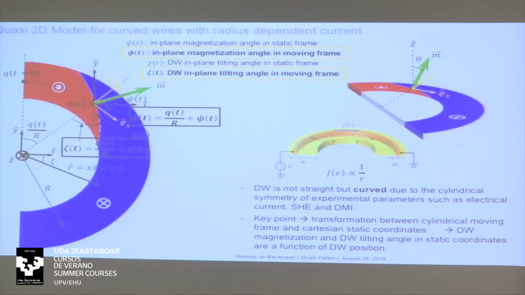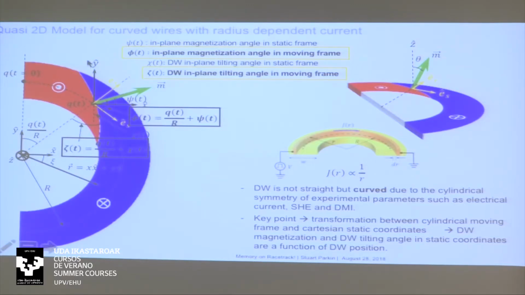And the only way to sustain the constant motion of a domain wall is that the domain wall itself converts from a straight domain wall into a wall with a very particular shape, such that the torque on the different parts of the wall increases linearly across the radius. And that's exactly what happens, and we can model this precisely, and it turns out there are two interesting time scales within the wall itself.